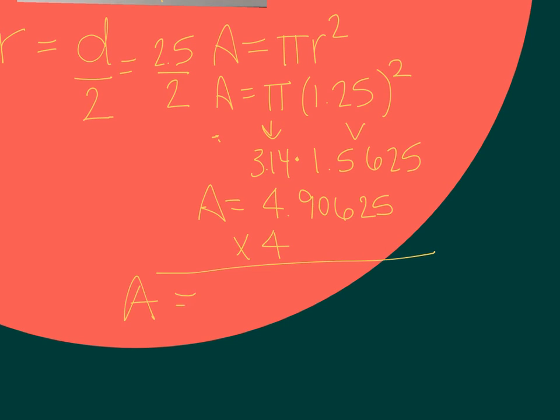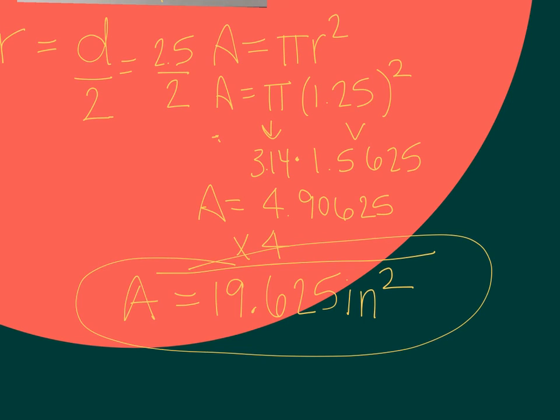So the area of all 4 circles, 4.90625 times 4, is equal to 19.625 square inches. And remember, area is always squared units.